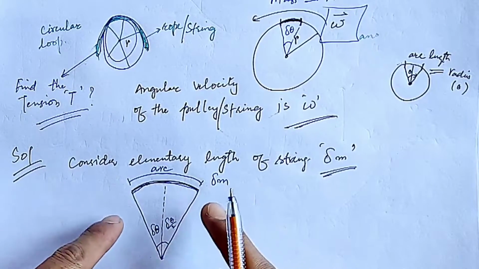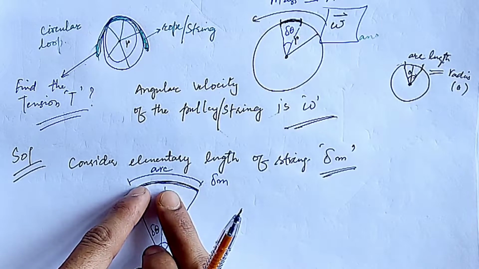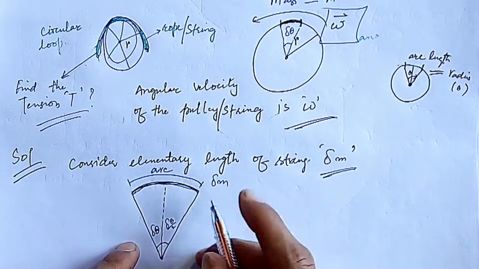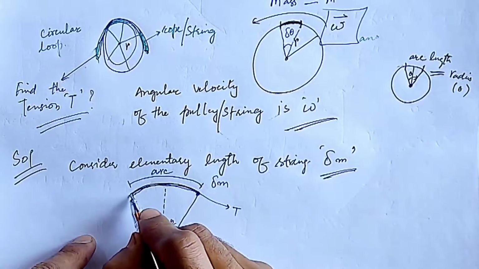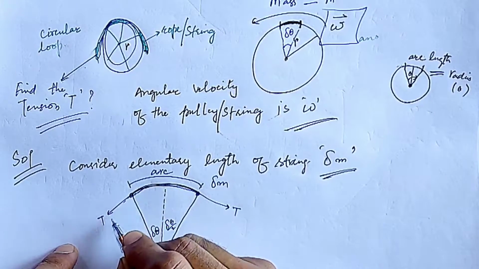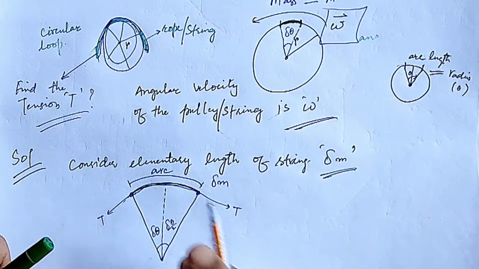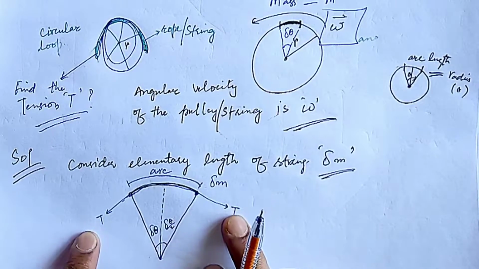The tension will be over all the elementary masses of the rope. So onto here, the tension will be like this. On here, the tension will be like this, in the same direction as that of the tangential component. I can say the tangential component of the tension will be T here, and T here.